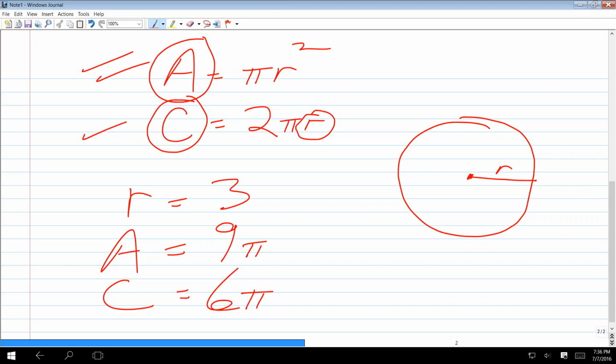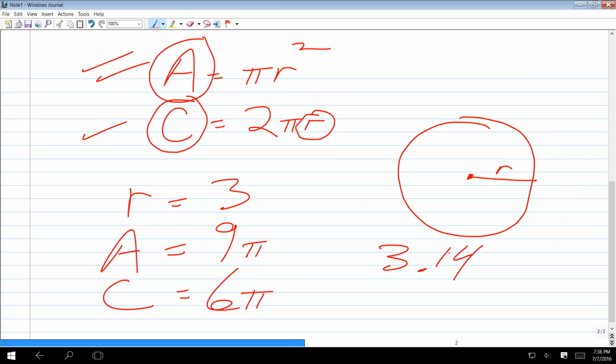Now, 6 pi. The question is do you use pi or do you use 3.14? I've used both. It depends on what my teacher says. Exactly. Pi is the better answer, incidentally. Pi is exact. 3.14 is an approximation.